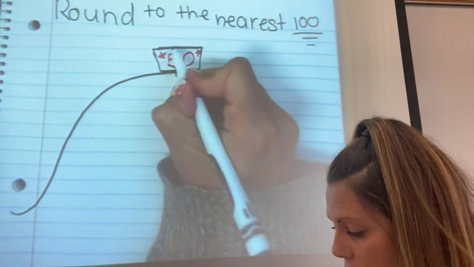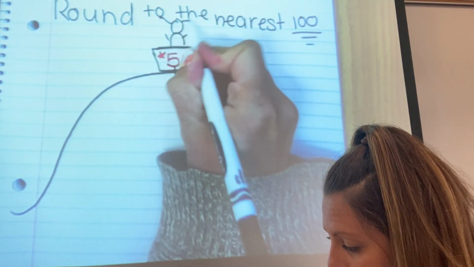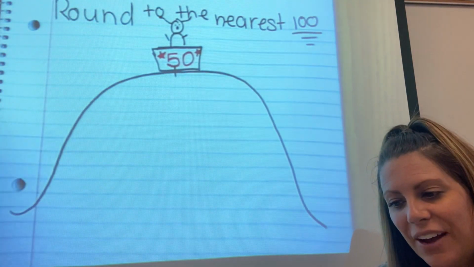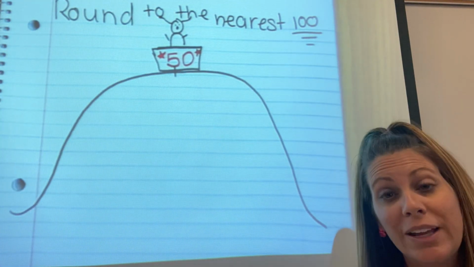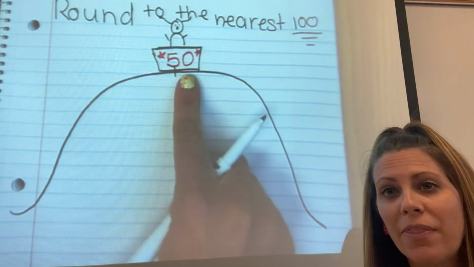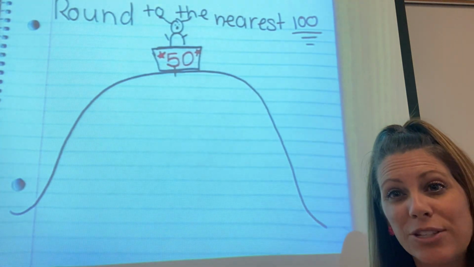So if you want to, quick draw yourself on your round-a-coaster again. Go ahead. All right? So remember, we can round up or we can round down. So I want you to think about the halfway point of 50. 50 is halfway to 100.